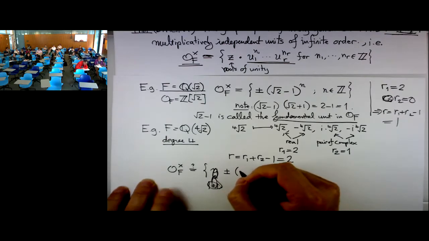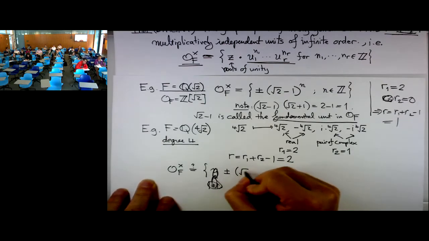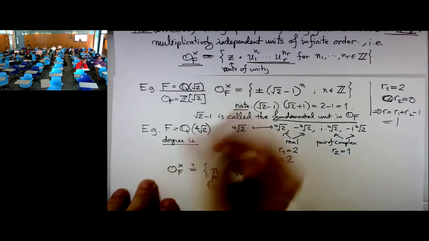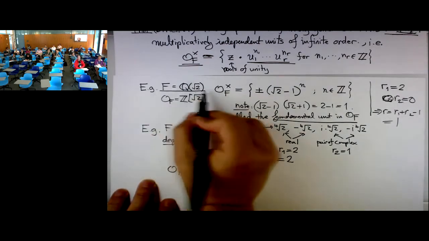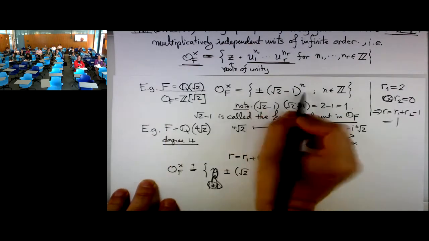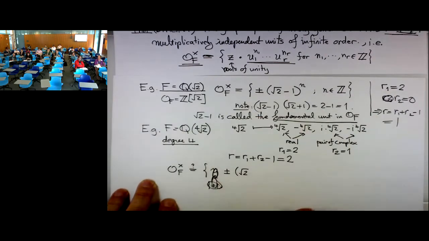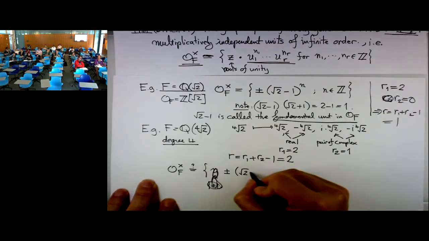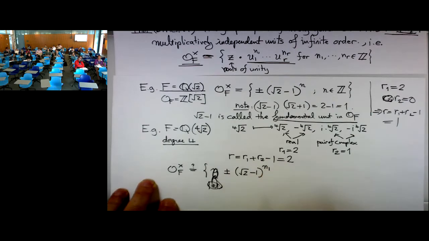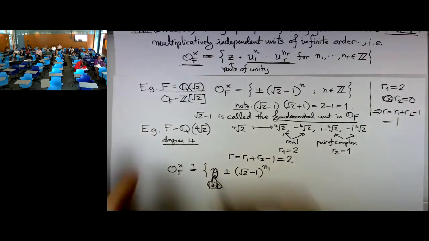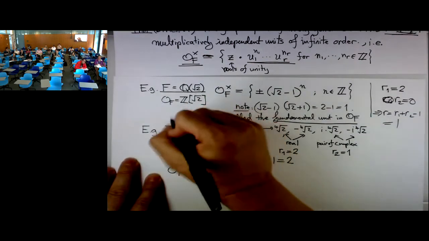Because this F contains the previous one, any unit in the previous case will continue to be a unit over here. So anything which is a power of root of 2 minus 1 is a unit here.